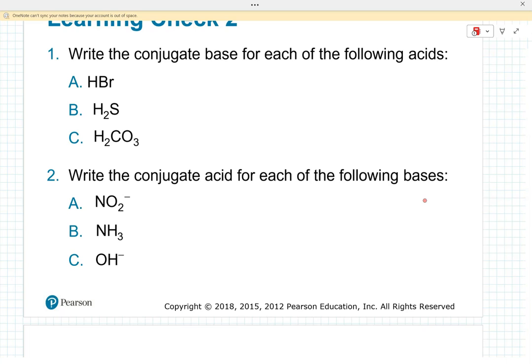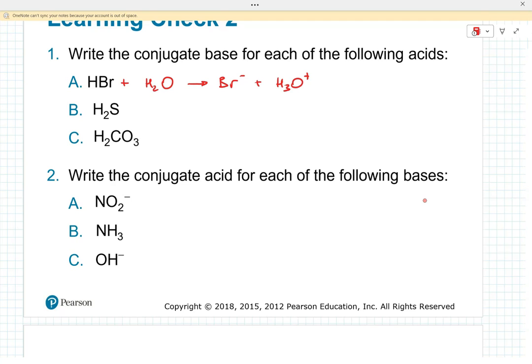For HBr, hydrobromic acid, what's going to be the base? When it interacts with water, what's going to happen? Br minus plus H3O plus. What does HBr do with its hydrogen?